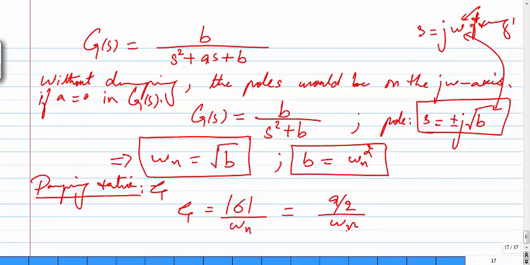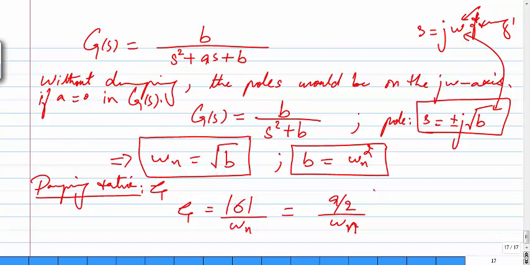Why is that? Because if you look at the equation here, you have a small a. Now assume an underdamped system. The complex pole has a real part that is equal to minus a by 2.